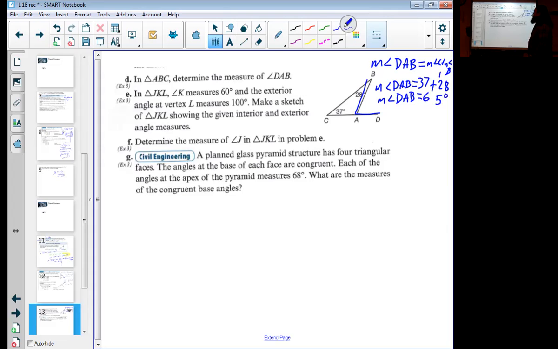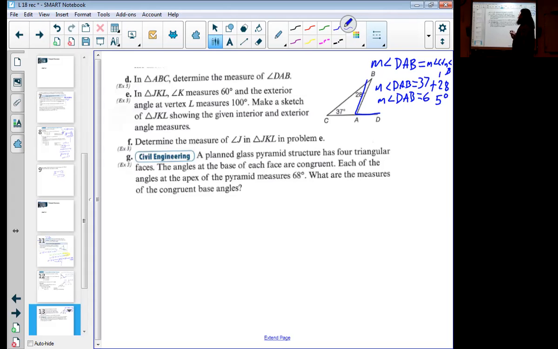In triangle JKL, angle K measures 60 degrees and the exterior angle at vertex L measures 100 degrees. Make a sketch of triangle JKL showing the given interior and exterior angle measures. So for this, we have a description, and once again, the easiest way of approaching geometry, if there are no pictures, is to draw a picture.